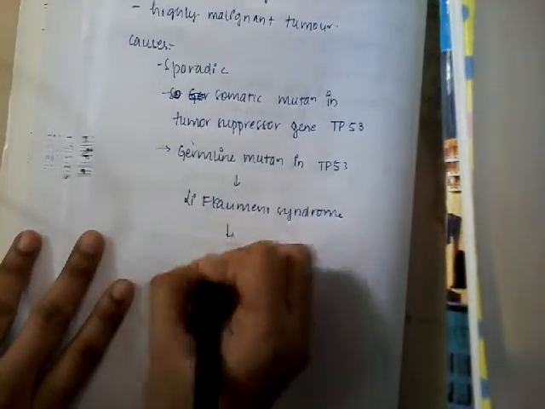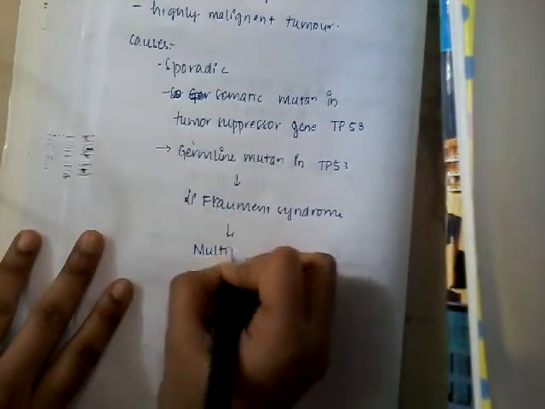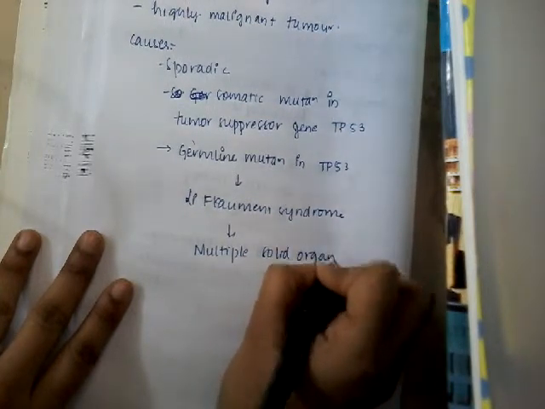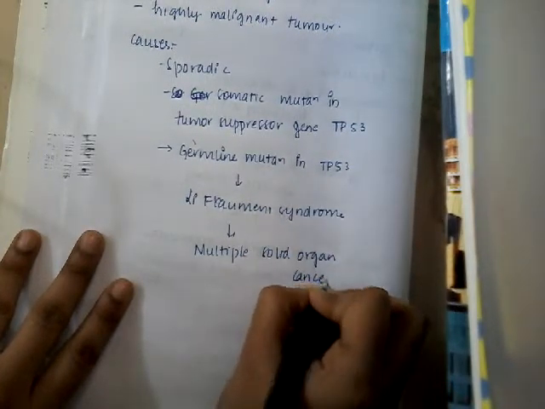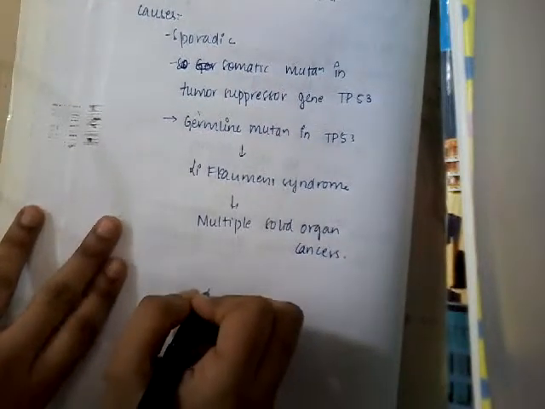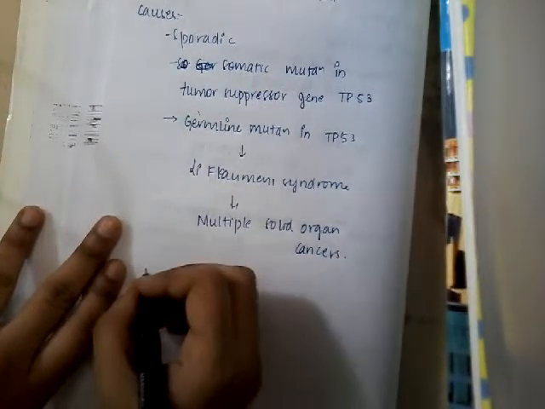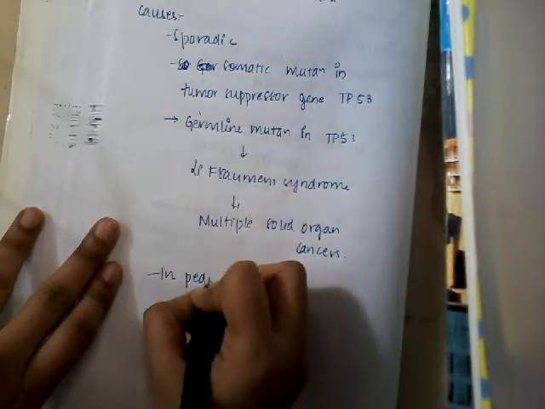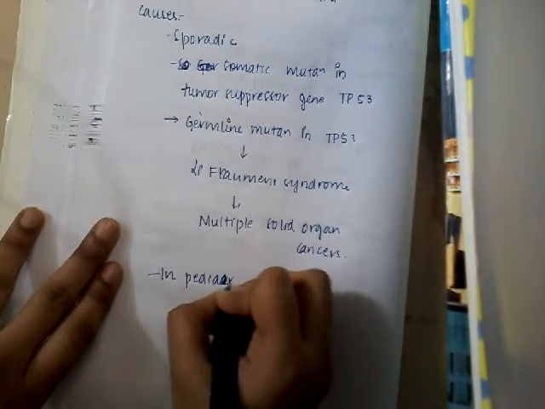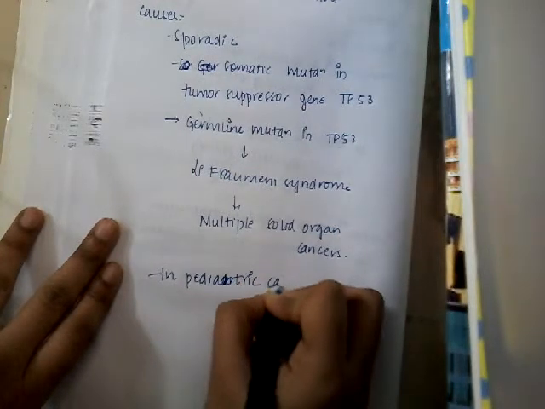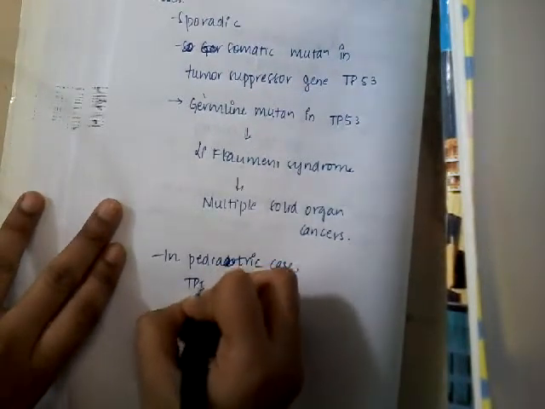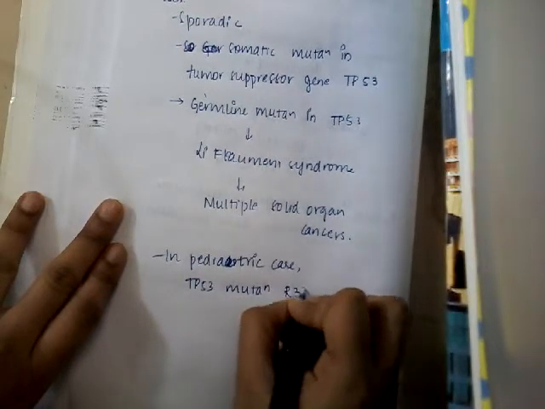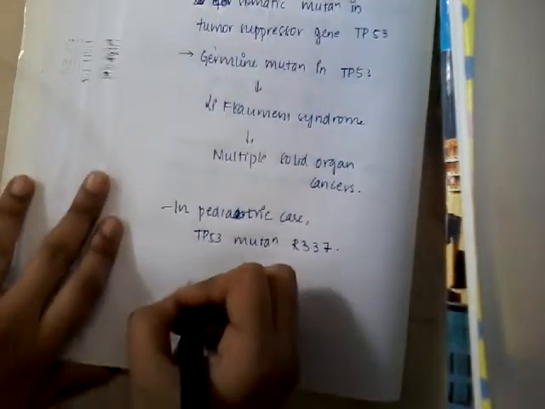In this, there are multiple solid organ cancers. In some pediatric cases, in some children, there is TP53 mutation, and also mutation in R337 is found.